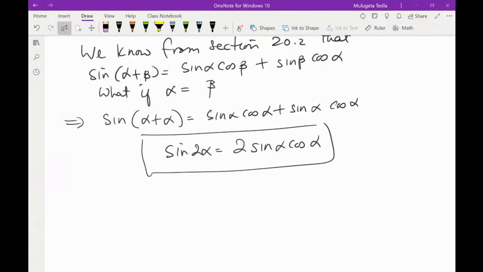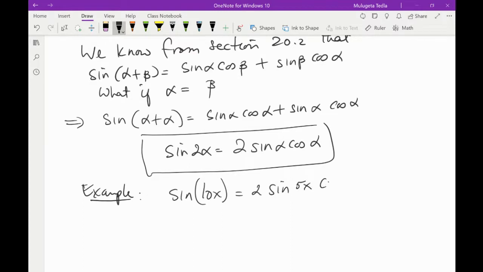So this is known as the sine of double angle. Sine of 2 alpha is 2 sine alpha cos alpha. For example, you can write sine of 10x as 2 sine of 5x cos of 5x. You can write that because these angles are related: this is half of this, or this is twice as much as this, and the pattern goes the same.